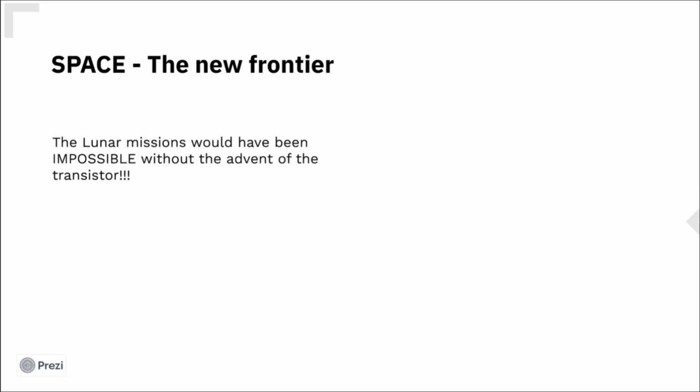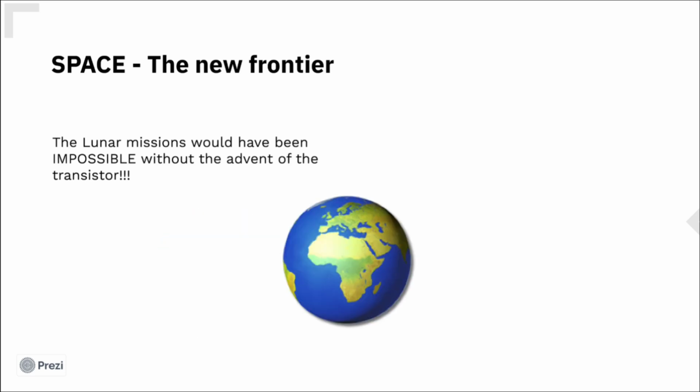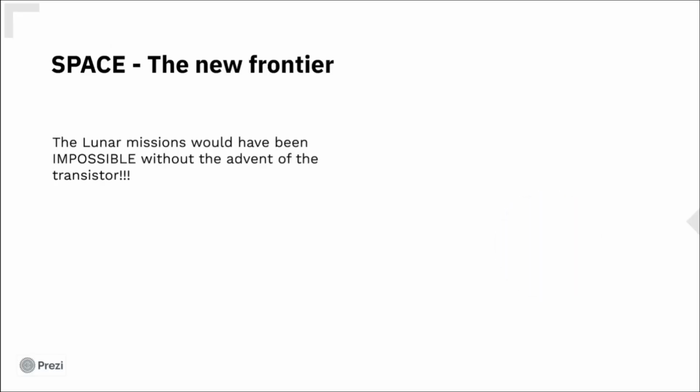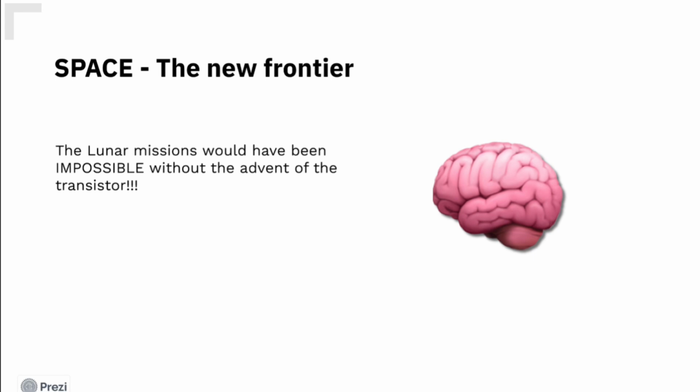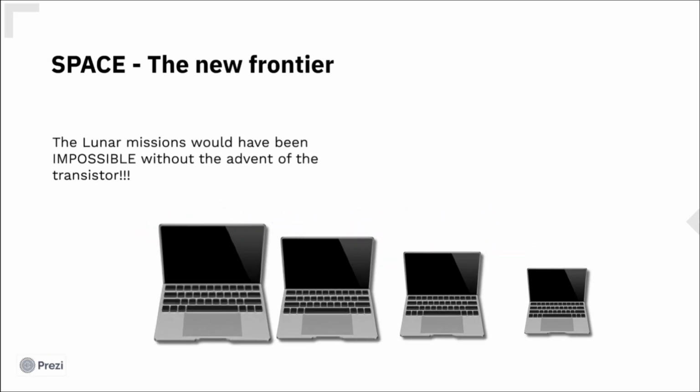But without solid state electronics and the transistor, the world we know would not be the same. In fact, a lot of this information that I'm reading to you at this moment came from ChatGPT, a giant electronic brain that wouldn't have been possible without solid-state electronics.